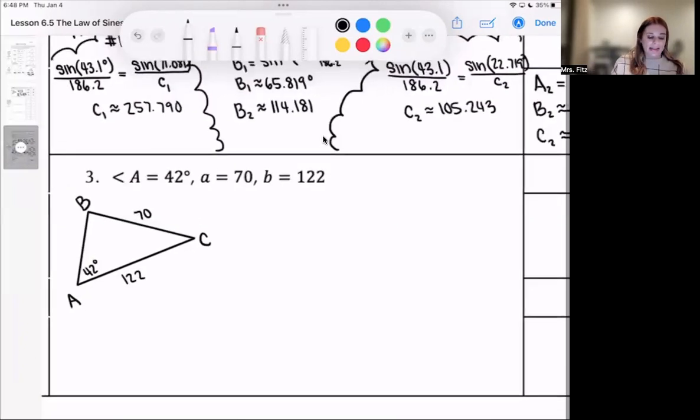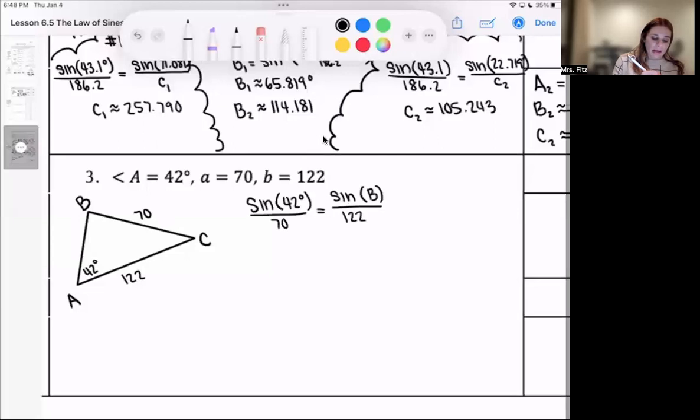So once again, this is a side-side-angle case, and we start setting this up just like we did the other ones. So we have sine of 42 degrees over 70 equals sine of b over 122.